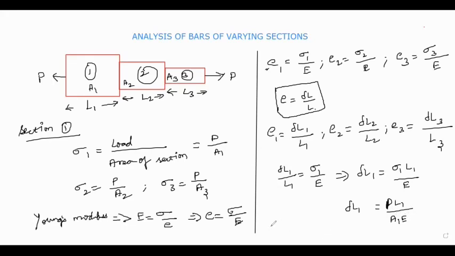Similarly, I can write del L2, the change in length for section 2, as P L2 by A2 E, and similarly del L3 as P L3 divided by A3 E. Now if I add all those changes in length for the corresponding sections, I will get the total change in length of the varying section of the bar.